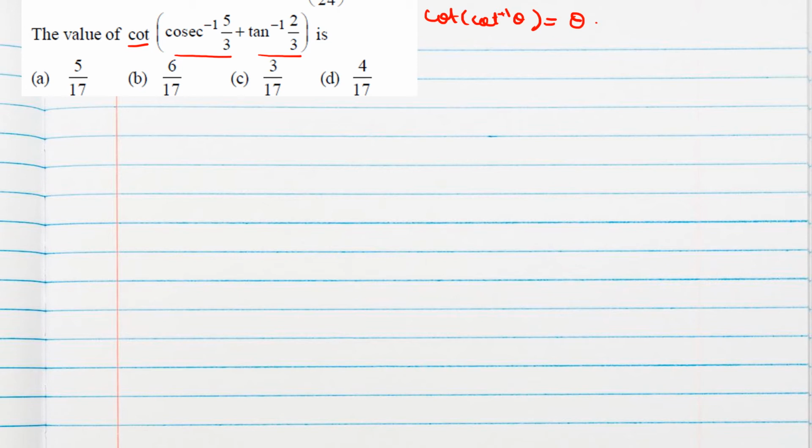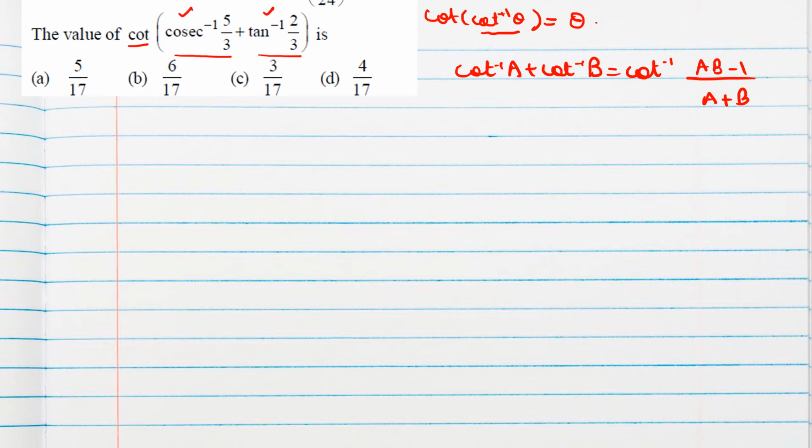Now to get cot inverse theta inside the bracket, we should get cot inverse A plus cot inverse B. Then we will apply cot inverse of AB minus 1 over A plus B, sorry. If we apply this formula, we will get it. That means we need to convert this into cot, this into cot.